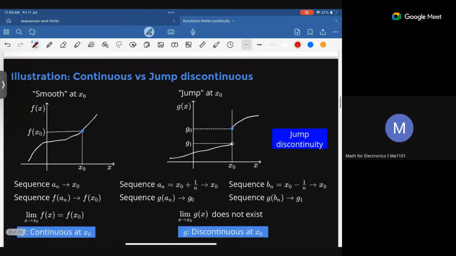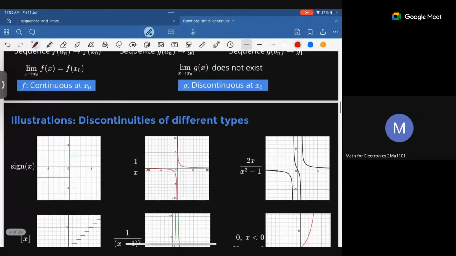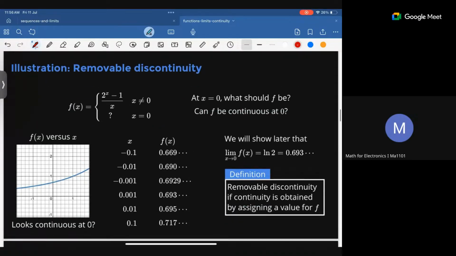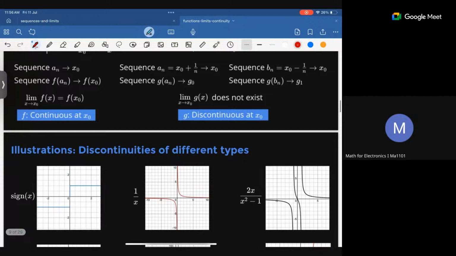Okay, so this is called jump discontinuity, where the function jumps suddenly, right? There is another discontinuity which I have shown, which is called removable discontinuity. What we do is, at one particular point, we remove the value and keep it at some other place, something like at the x3 point.